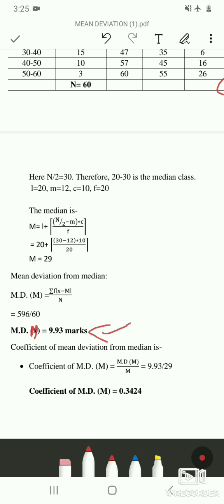So we know mean deviation from median, the value is 9.93 and the median value is 29. Therefore the coefficient of mean deviation from median is 0.3424. So this is how you calculate mean deviation given any type of data.